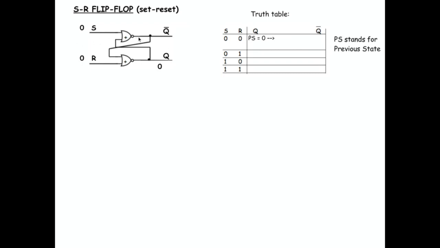Let's see what it might, let's just trace it, as it were. We have no signals on either of the inputs. That means that S and R are both 0, which is going to be the first tuple of our truth table, the first row.